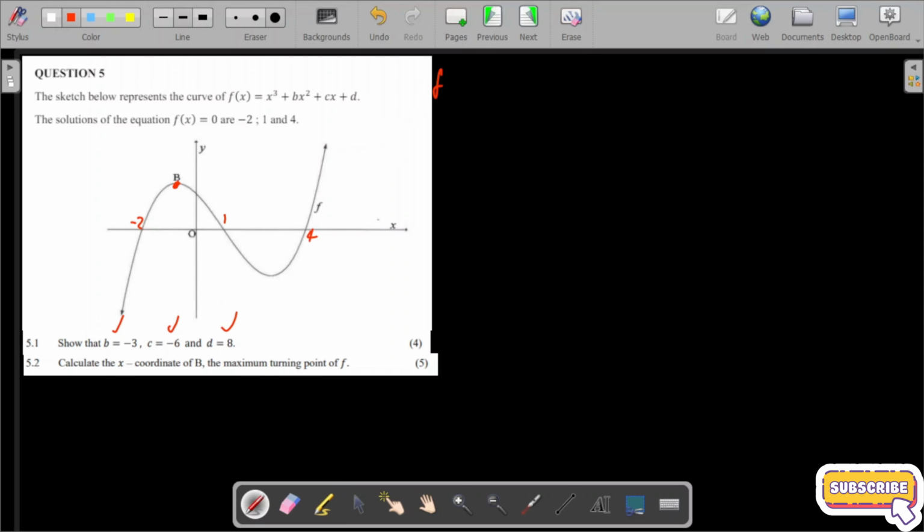Now, our equation is f(x) = x cubed minus 3x squared minus 6x plus 8. For a turning point, we need the derivative. It's going to be 3x squared minus 6x minus 6.